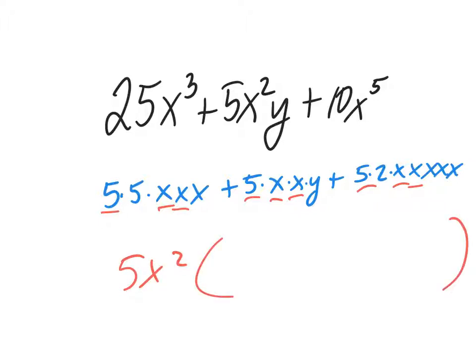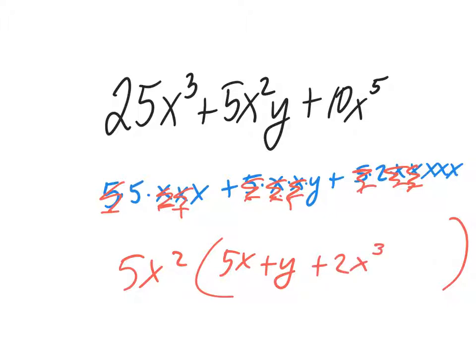And then what do I have left? Well, after I've taken these out, I have a 5x. Taken these out, I have a y. Wait, I have a plus in there, sorry. After I've taken these out, then I have a 2x to the third. There we go.